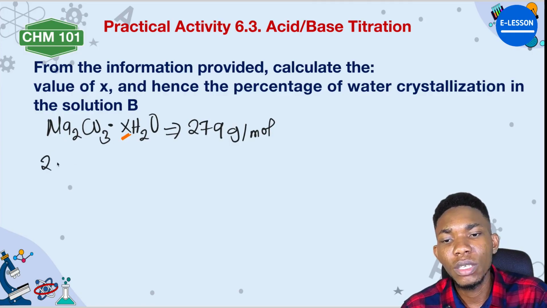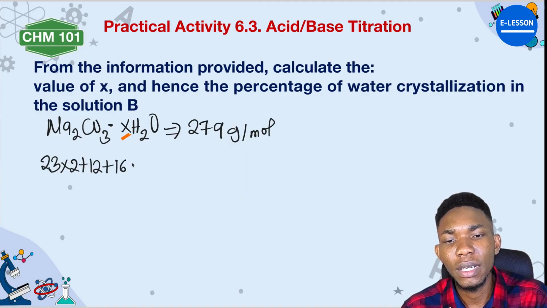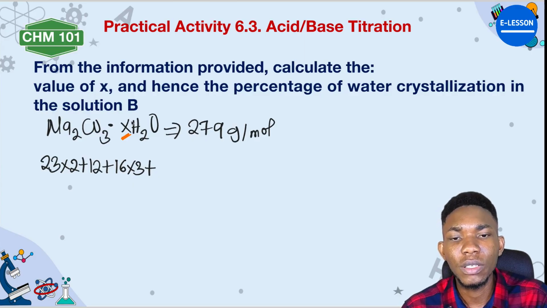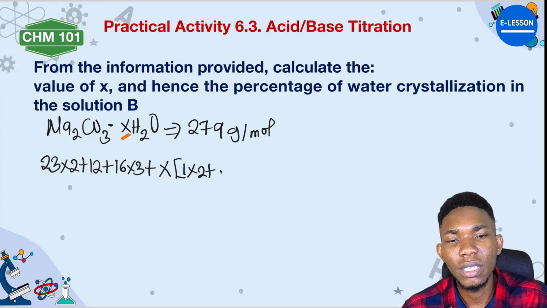Sodium is 23 times 2. Carbon is 12 plus oxygen is 16 times 3. Plus, X is what we are looking for, so bracket, hydrogen is how many? 1 times 2 plus oxygen is 16. Everything should give us 279.